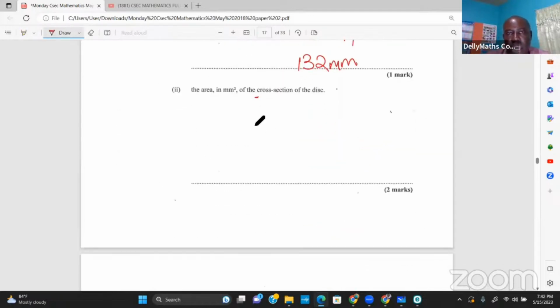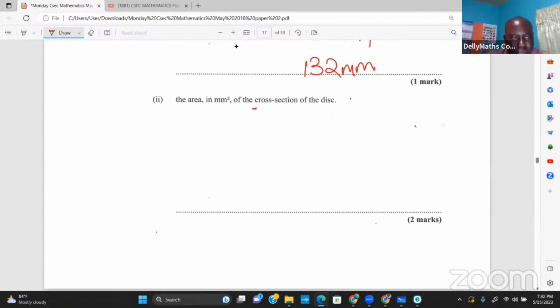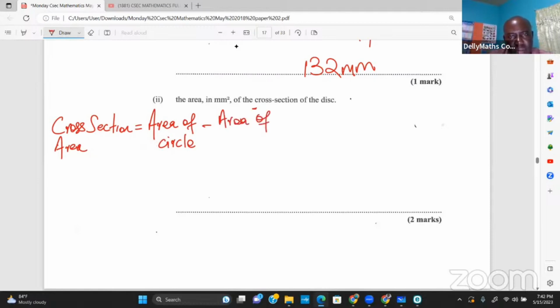Now, area of the cross section is going to equal the area of the circle minus the area of the square, that square hole right there.